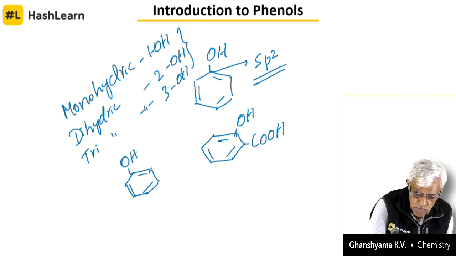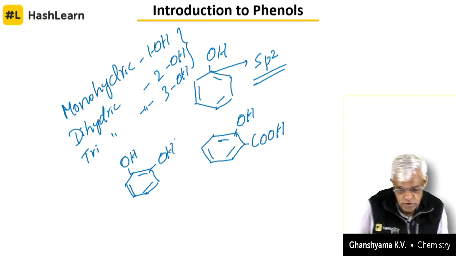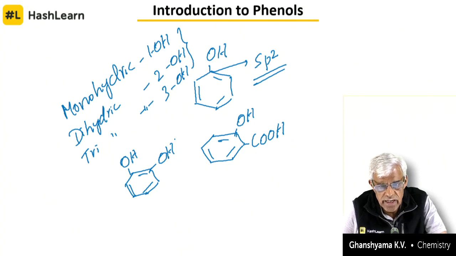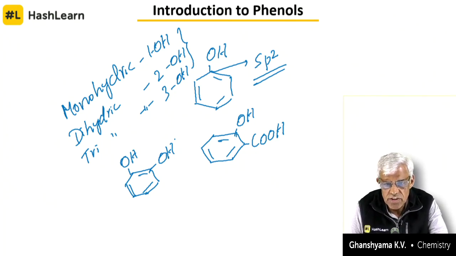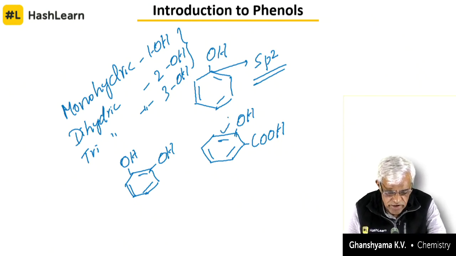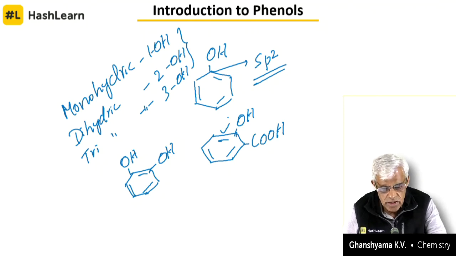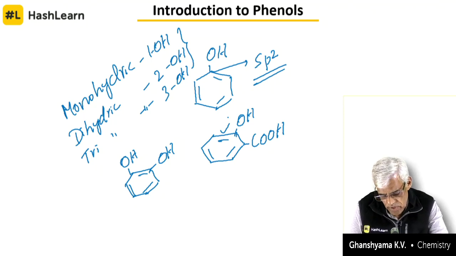For example, OH and then OH. Catechol is a dihydric phenol. So, salicylic acid is monohydric, catechol is dihydric phenol.